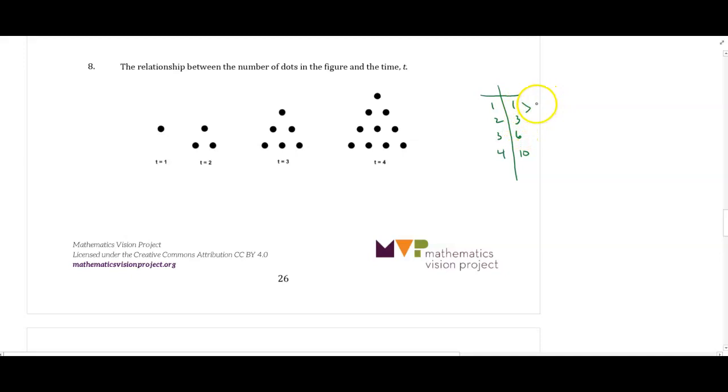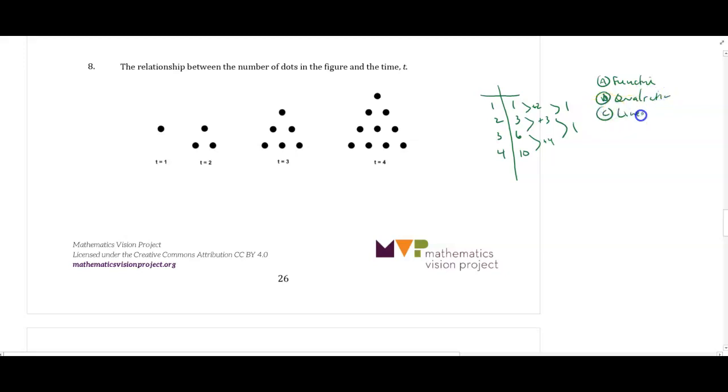So what I can do here is look, that's up 2, up 3, up 4. Right away, if I look for the common difference, up 1, up 1. So this has a common second difference. So A, it is a function. B, this function will be quadratic.